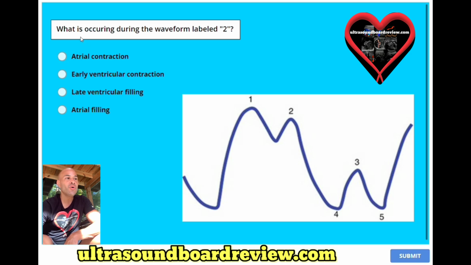Question number 6. What is occurring during the waveform labeled 2? A. Atrial contraction. B. Early ventricular contraction. C. Late ventricular filling. Or D. Atrial filling.